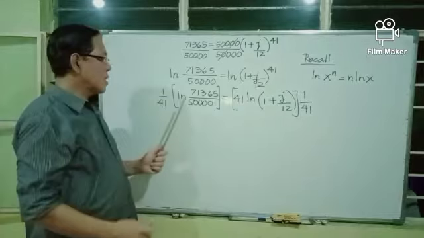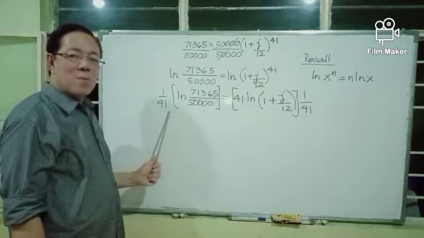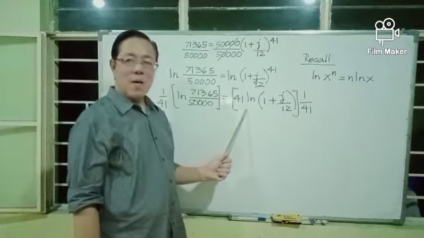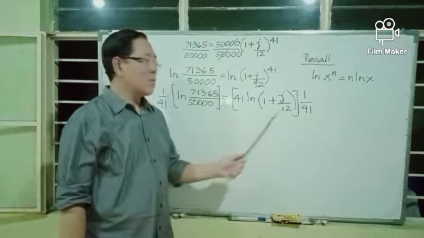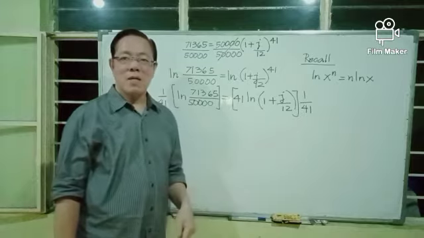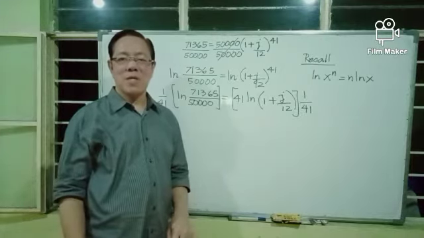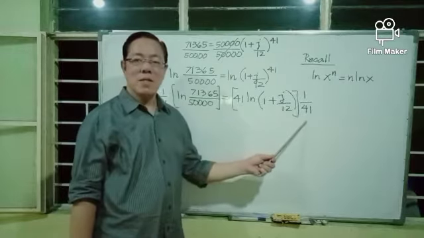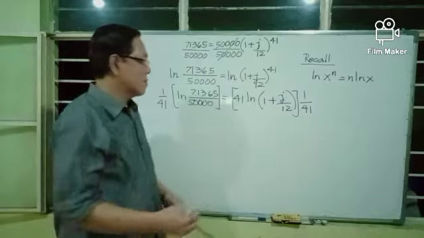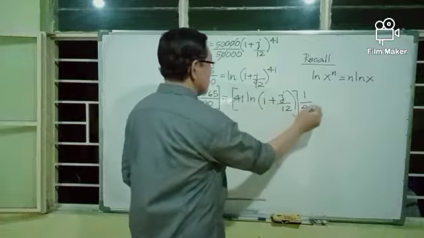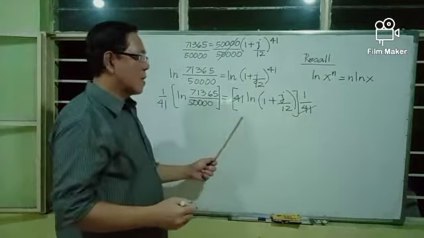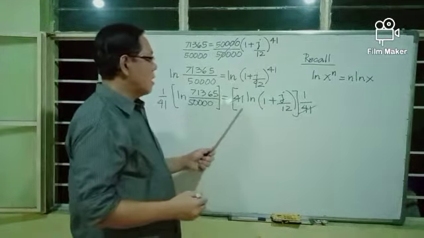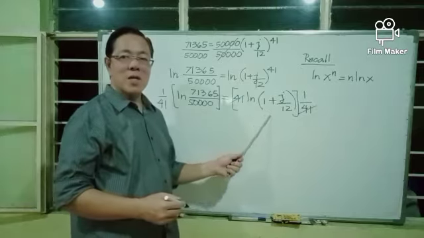And that's the multiplication property of equality. And 41 over 41 is cancelled, or is 1. Thus, the right hand side is ln of quantity 1 plus j over 12.